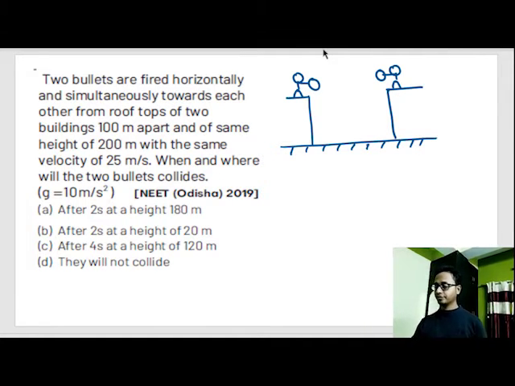So two towers of the same height, they are 100 meter apart, and the tower height is 200 meter.